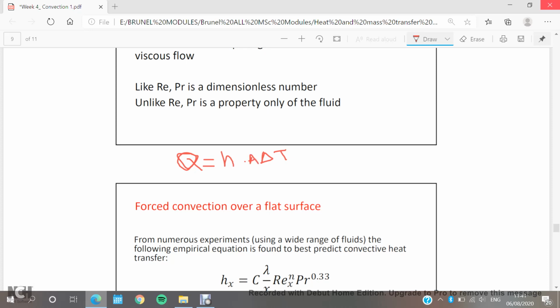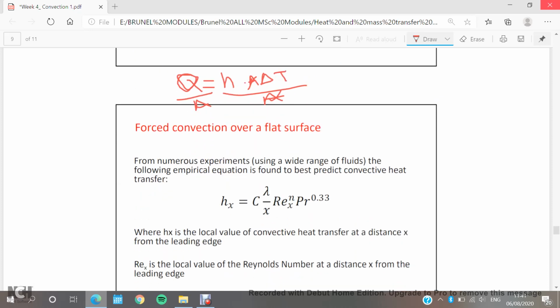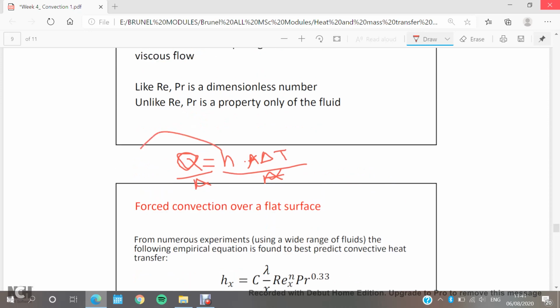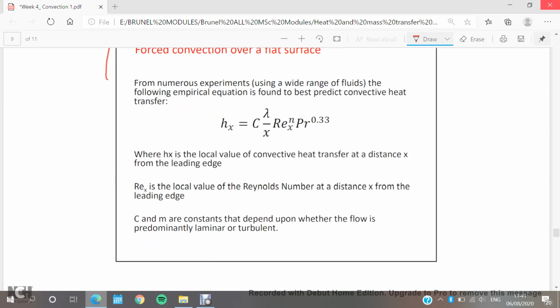If you divide the whole equation by A, it will be the heat flux, as we mentioned before. So Q over A equals h times delta T. We did all of these previous dimensionless groups to find h, the heat transfer coefficient, as a function of these groups, which are the Reynolds number and the Prandtl number.